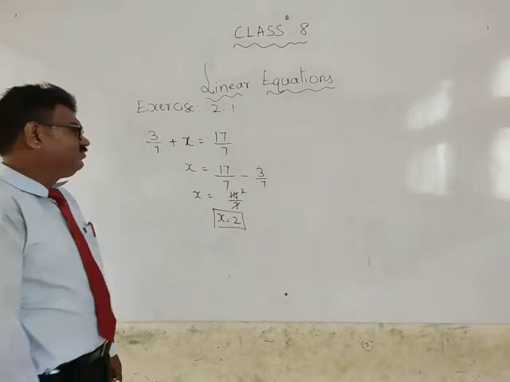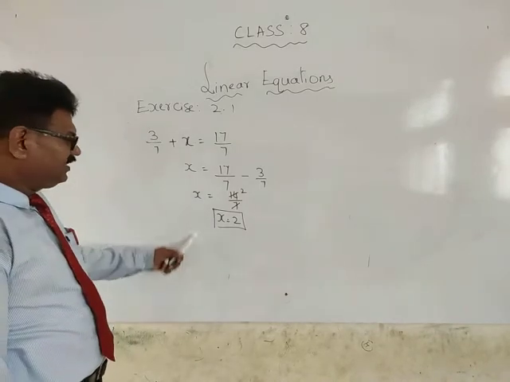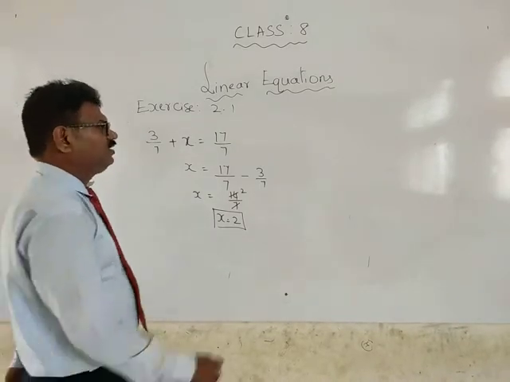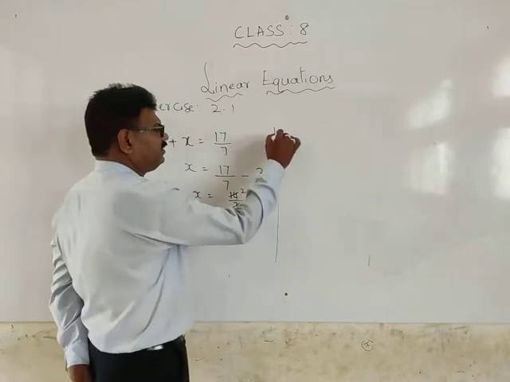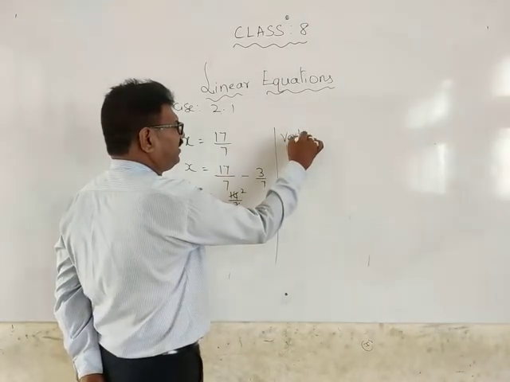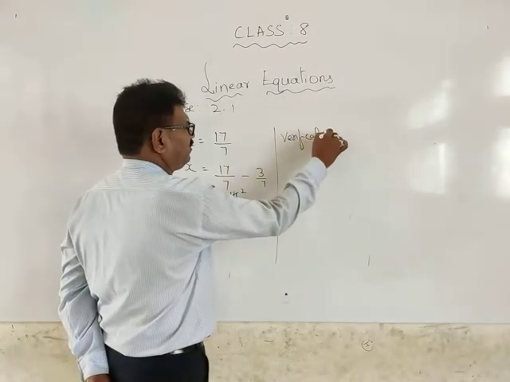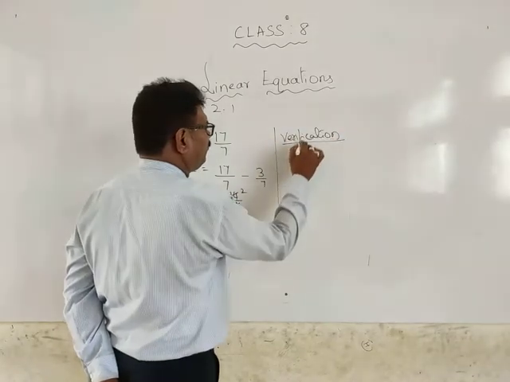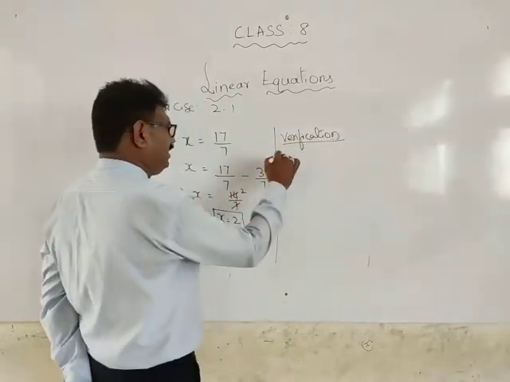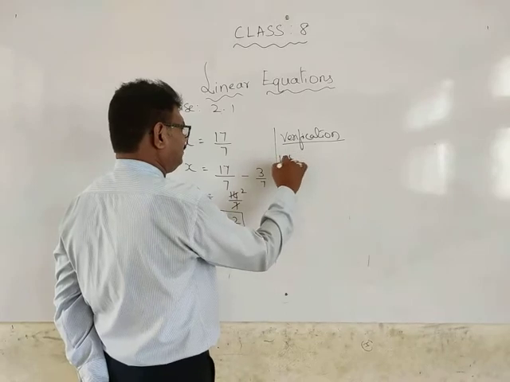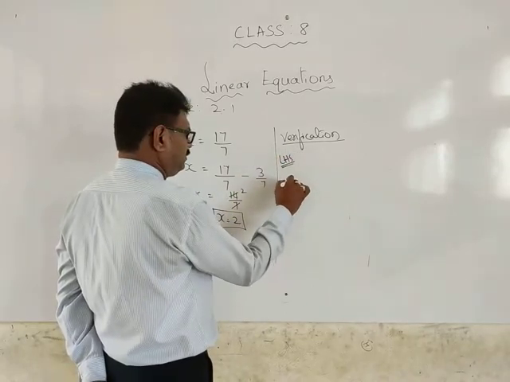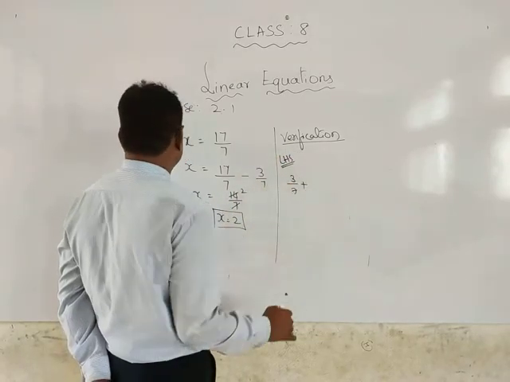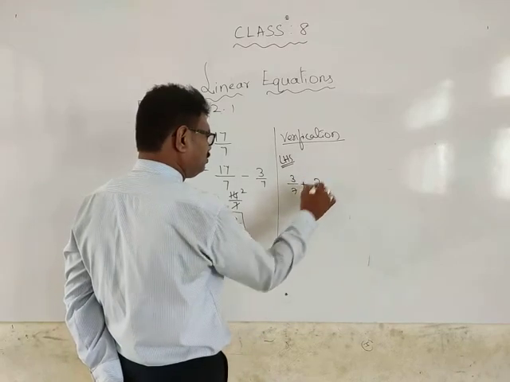Sometimes students will be confused whether the answer is correct or not. You can verify. This is nothing but verification. How to verify your answer? Very simple. Take the left hand side: 3 by 7 plus x, where x is 2.